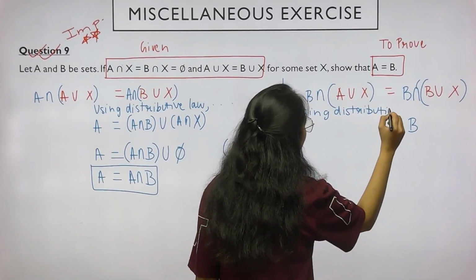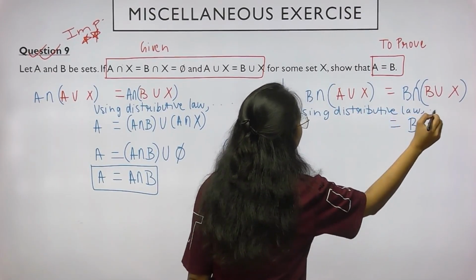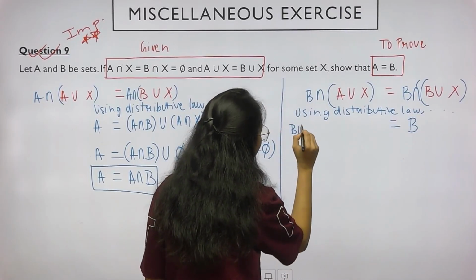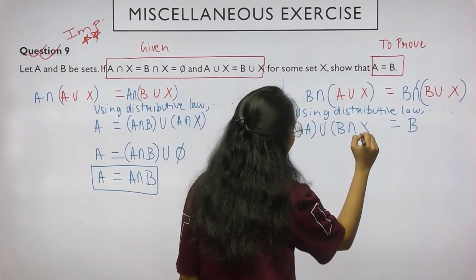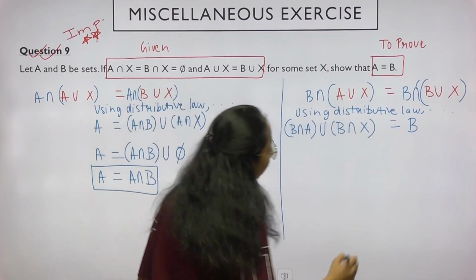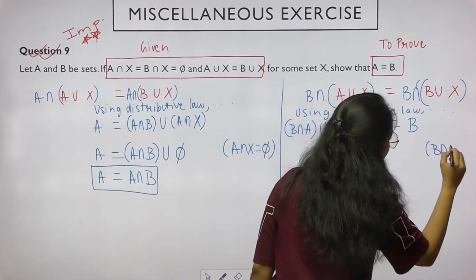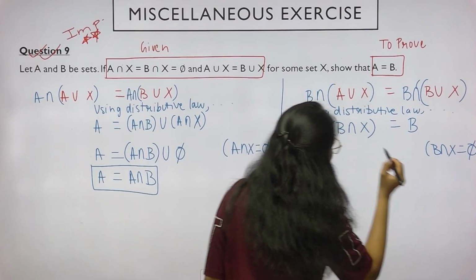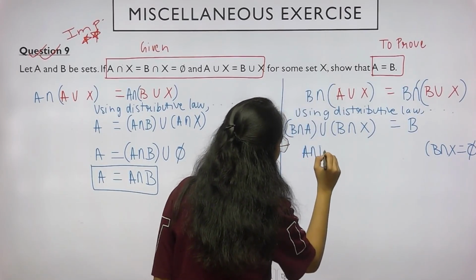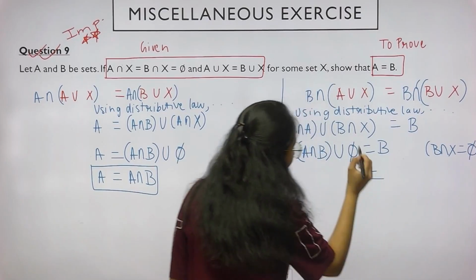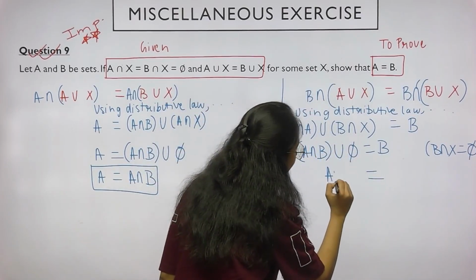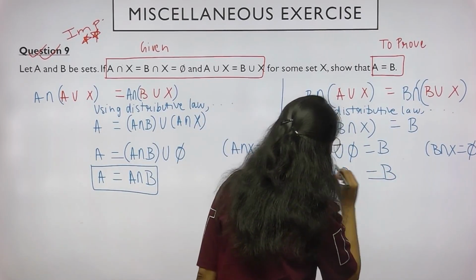Using distributive law, we have B intersection A union B intersection X. According to the question, B intersection X is an empty set. So this becomes A intersection B union empty set is equal to B. So A intersection B is equal to B.